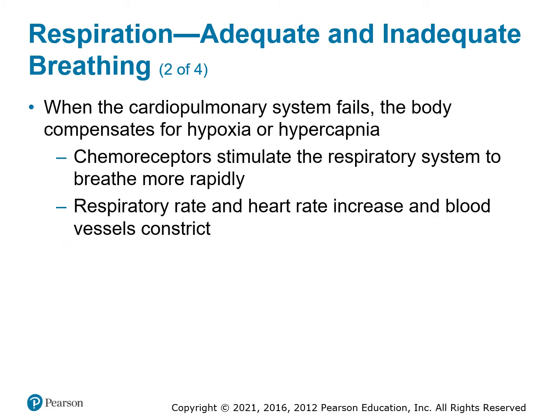So the body has to maintain homeostasis, and homeostasis is the balance that we need to work efficiently. And this is going to be chemoreceptor based, in that the chemoreceptors are typically detecting the level of carbon dioxide within the body.